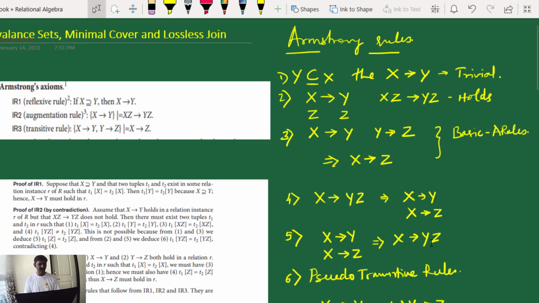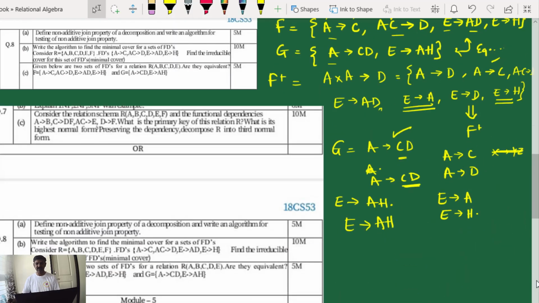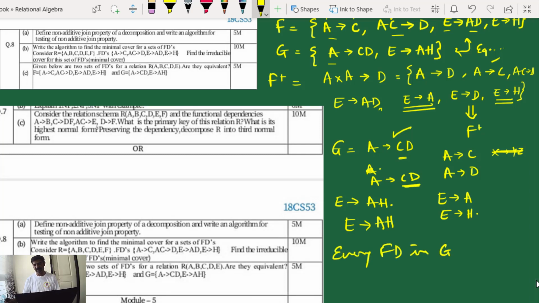That is inference rule 5, called the additive rule or union rule. So by applying the additive rule, I could prove that every FD in G can be inferred from F. So F covers G.